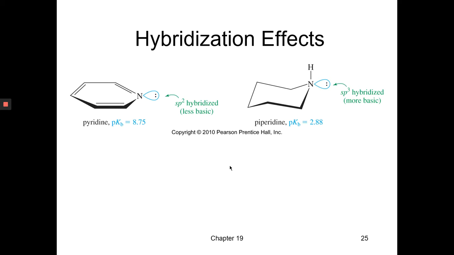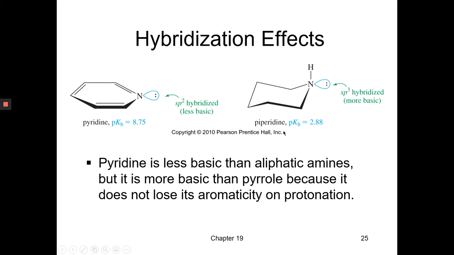Hybridization can also affect basicity. If we compare pyridine with piperidine, in pyridine, the nitrogen is sp2 hybridized, and so it's less basic. Whereas in piperidine, it's more basic. It's sp3 hybridized.